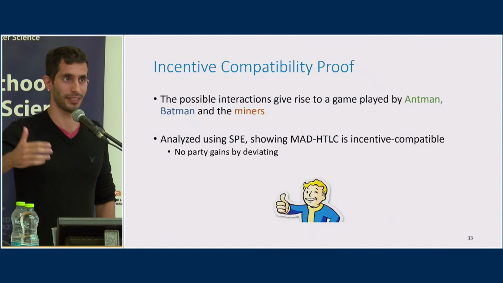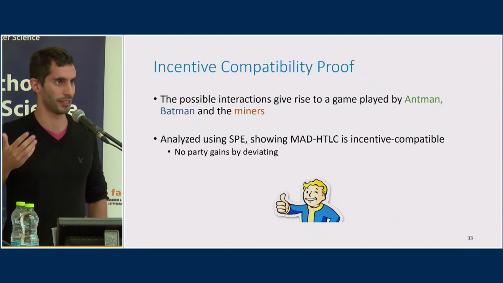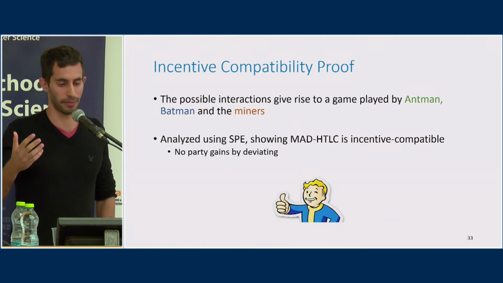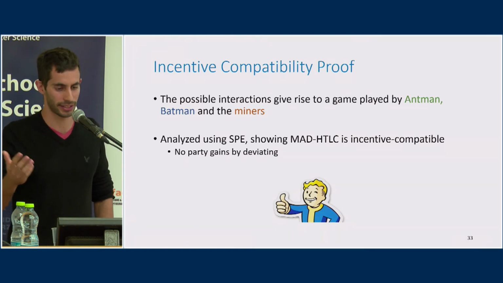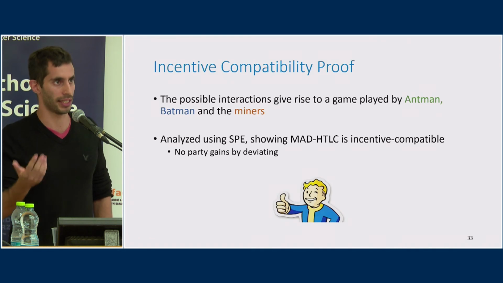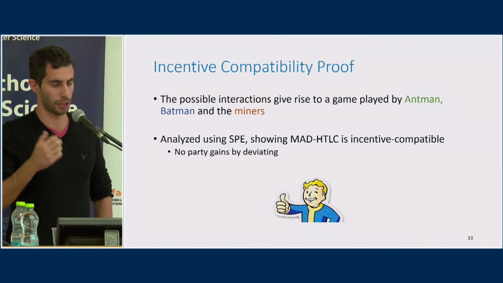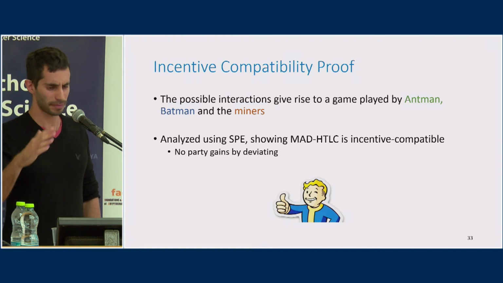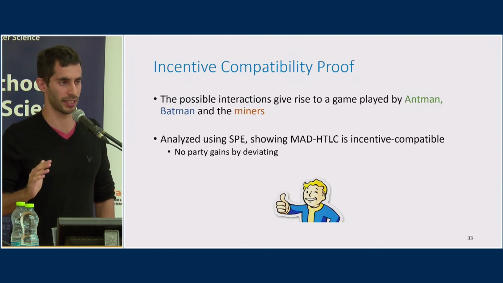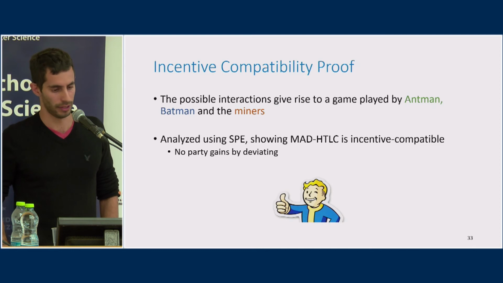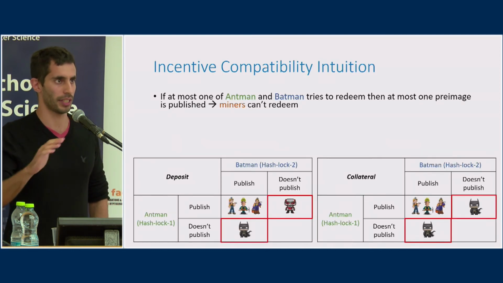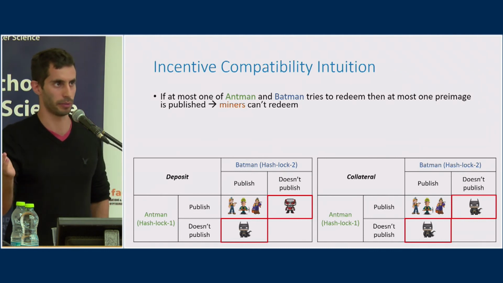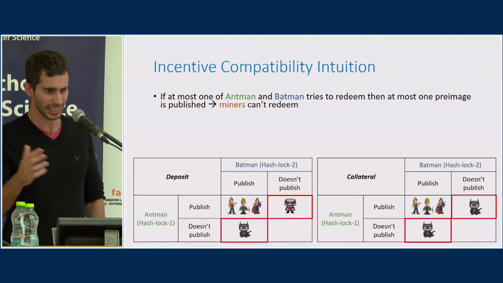Then, using the desired interactions that we defined, we're able to formalize a game played by Ant-Man, Batman, and the miners. Again, we analyze it using SPE and show it is incentive compatible, meaning no party gains by deviating. All parties behave as intended. I'll give you some intuition. So consider a case where only one of either Ant-Man or Batman tries to redeem the contract.